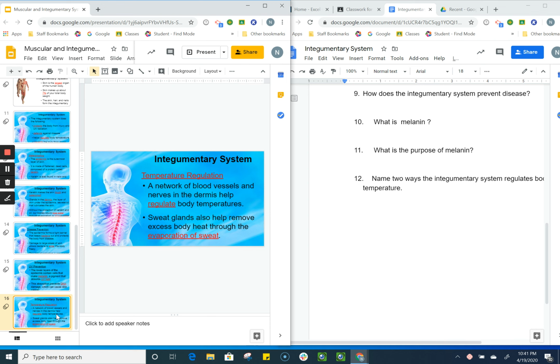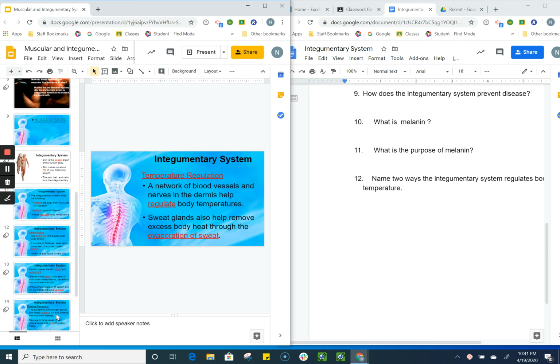It forces the blood toward your internal body organs to keep them warm, to prevent you from going into hypothermia. When you're hot, the sweat glands will secrete excess water, sweat, and the sweat evaporating off your skin has a cooling effect to help cool you down.